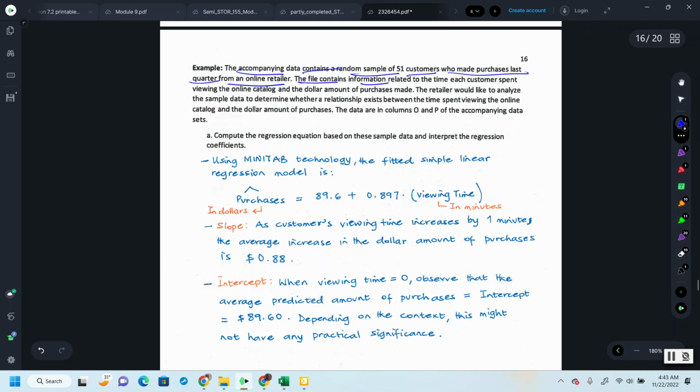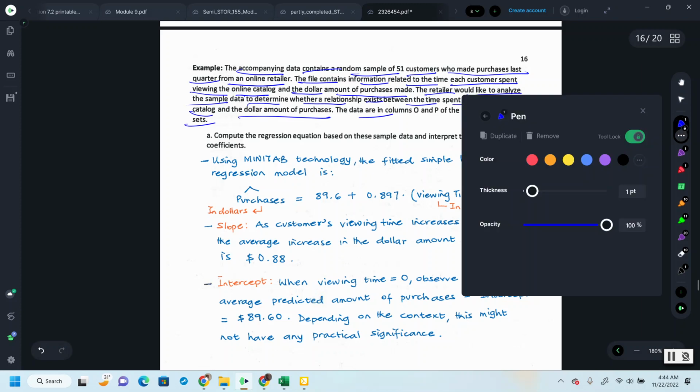The file contains information related to the time each customer spent viewing the online catalog and the dollar amount of purchases made. The retailer would like to analyze the sample data to determine whether a relationship exists between the time spent viewing online catalogs and the dollar amount of purchases. The data will be shown in StatCrunch.